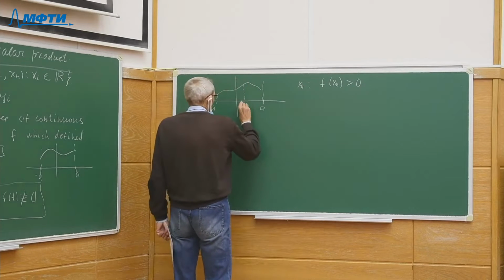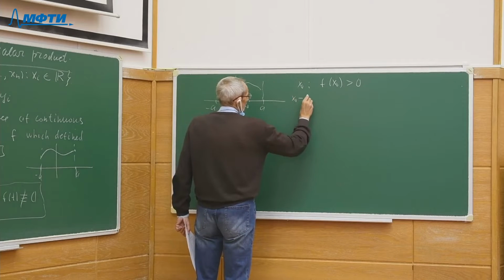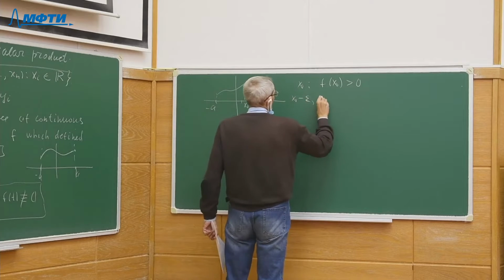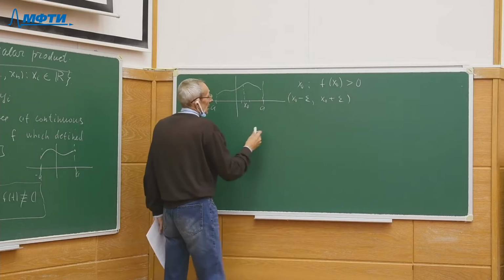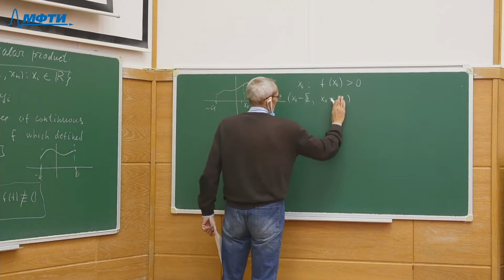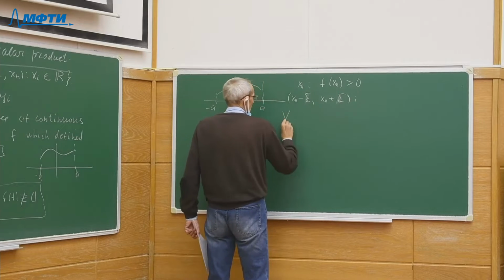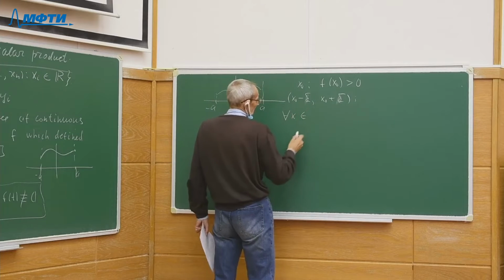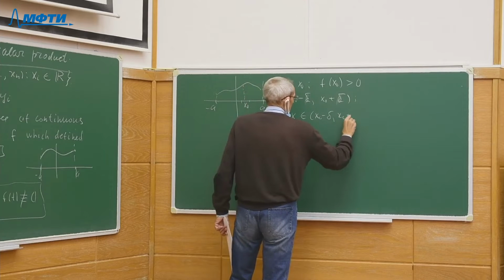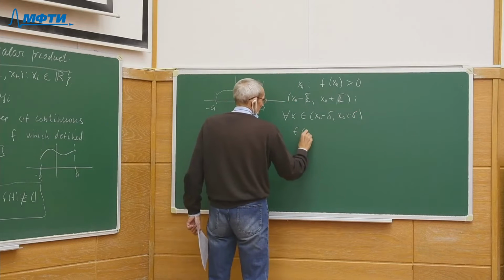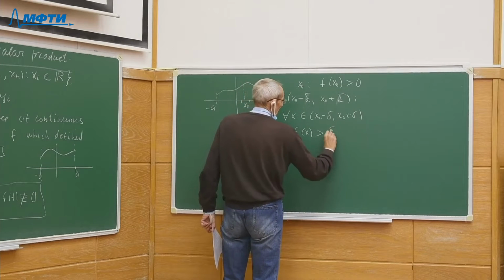And we can choose some neighborhood of this point, namely x0 minus delta, x0 plus delta, such that for any point x from this interval, the value of our function is strictly greater than half of f of x0.